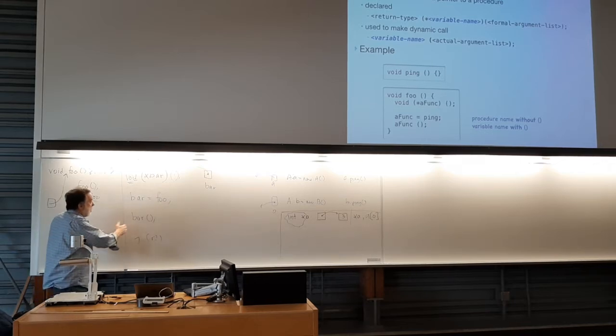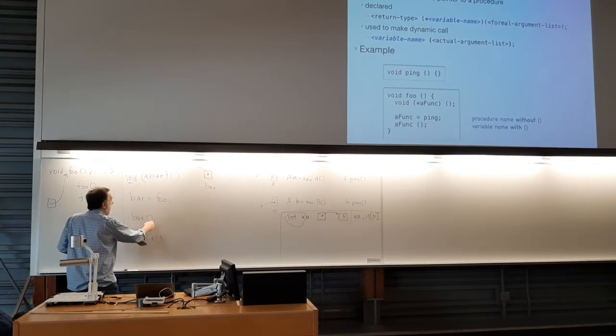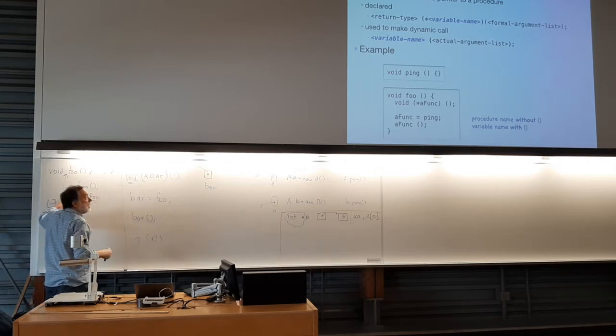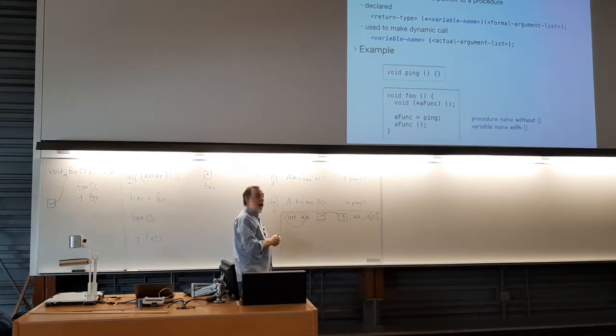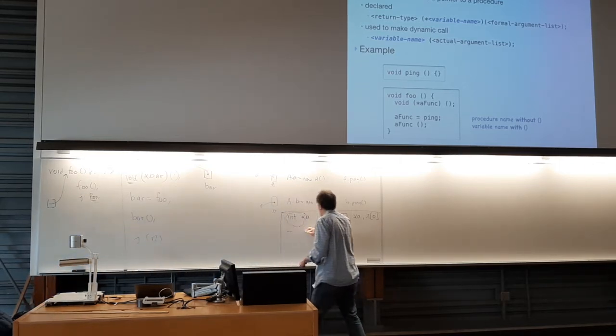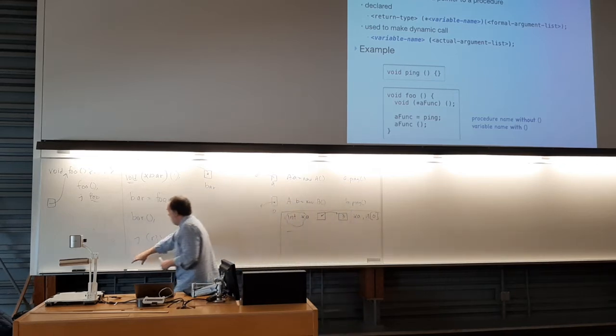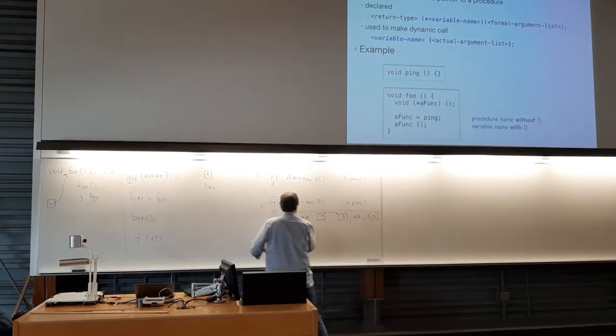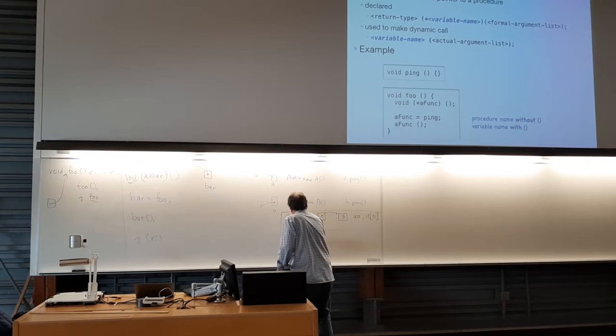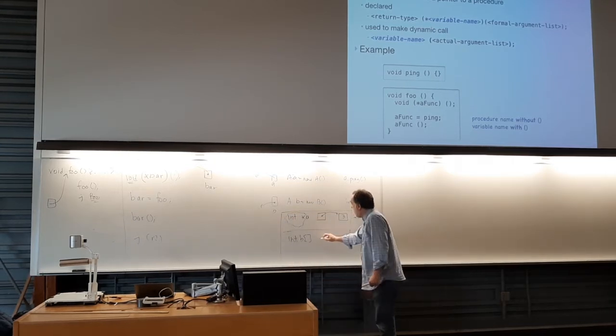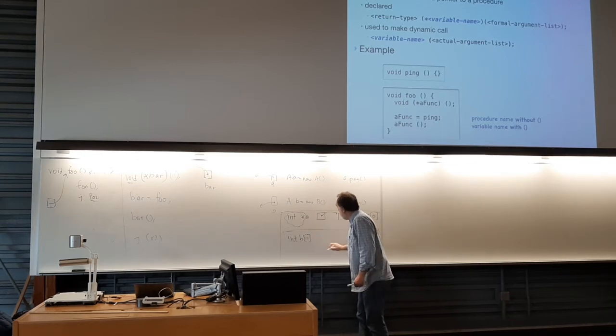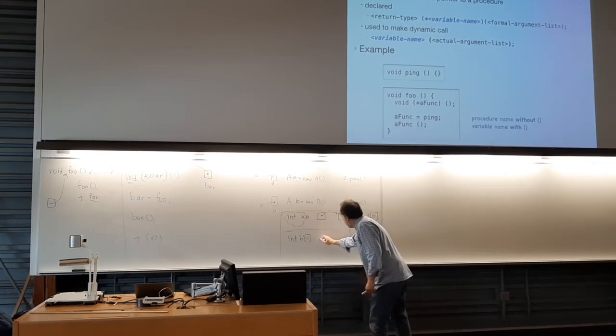The syntax here of this being the same as that is kind of analogous to static and dynamic arrays. Remember with static arrays, it's like that, and then that's the array.